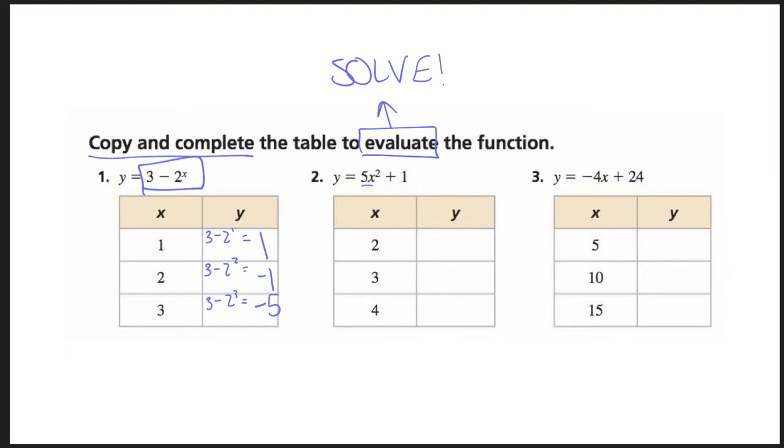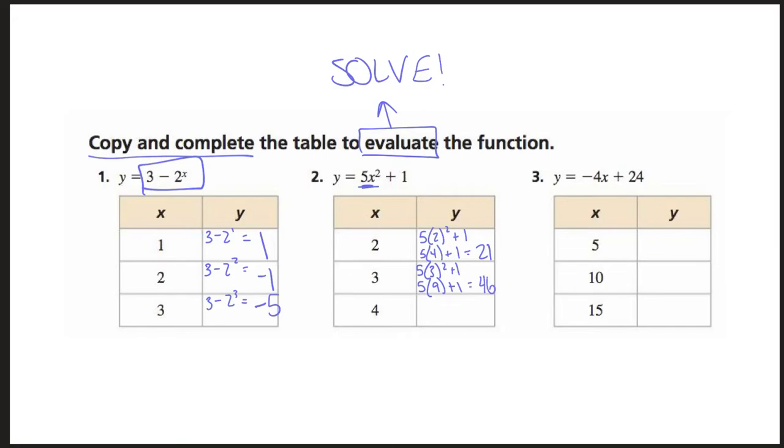So we've got 5x squared plus 1. So you're going to make sure to put parentheses around that x. So 5 times 2 squared plus 1, which is 5 times 4 plus 1, which is 21. Then you've got 5 times 3 squared plus 1, 5 times 9 plus 1, which is 46.